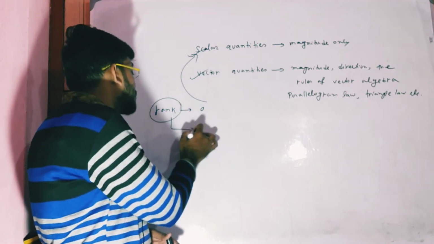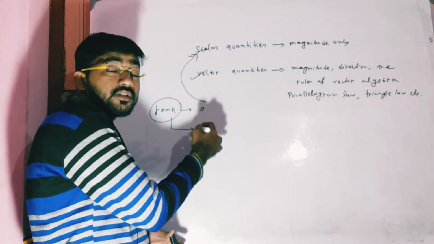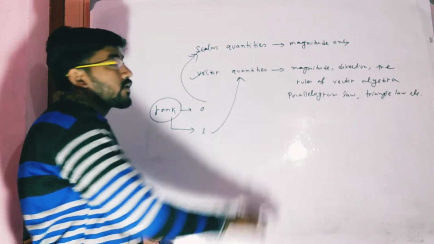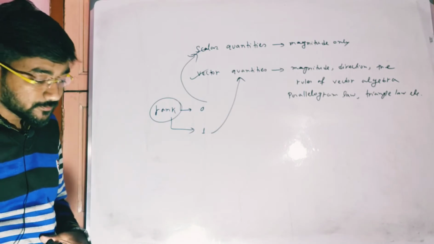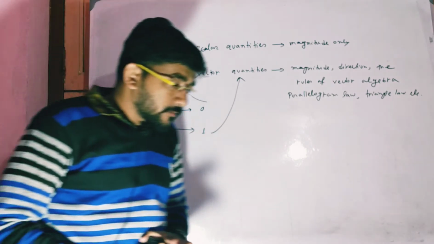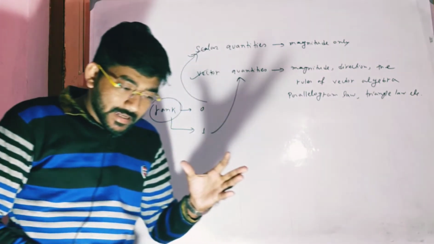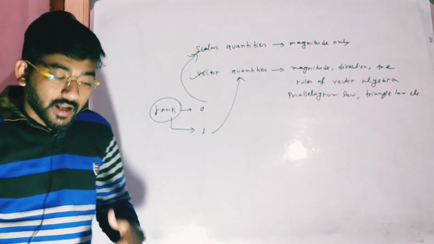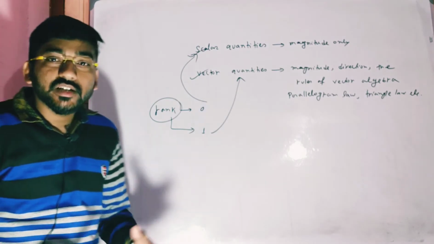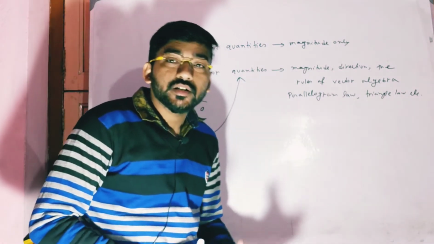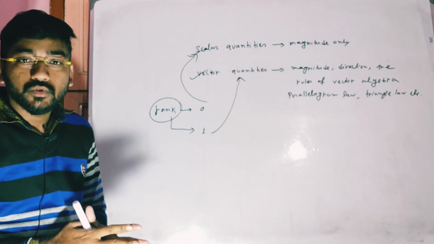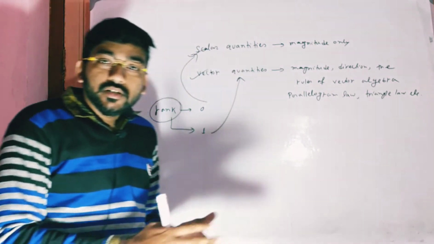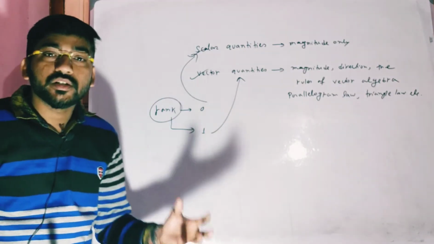And when the rank of the tensor quantity is 1, then we call it a vector quantity. So you can realize what I mean by the general way of study, and why tensor analysis is very useful to study physics, mathematics, engineering, everything in a more general way.